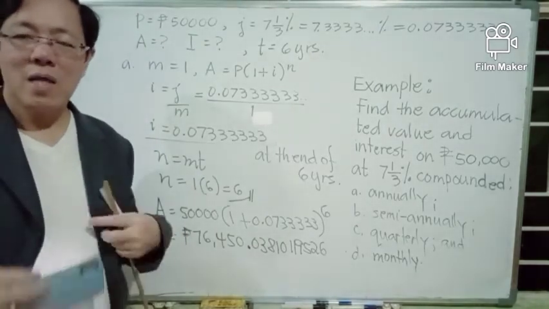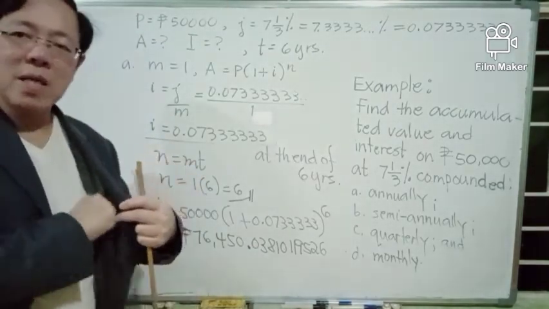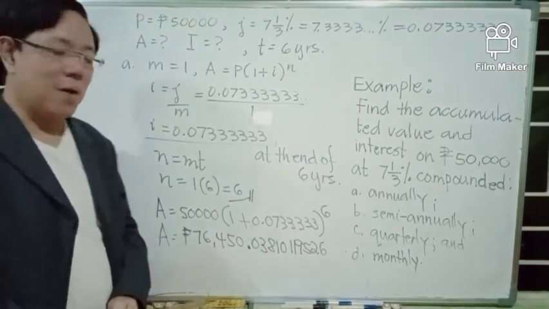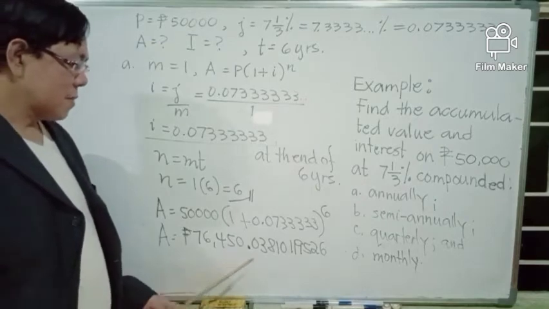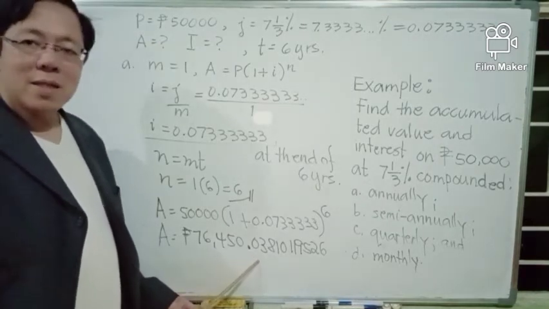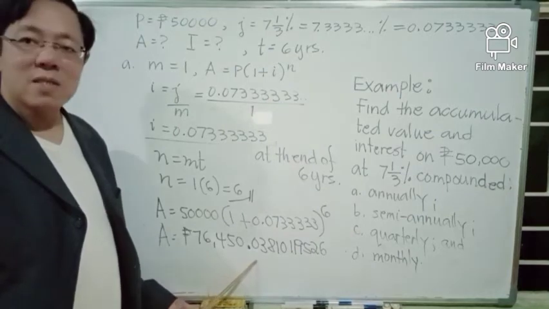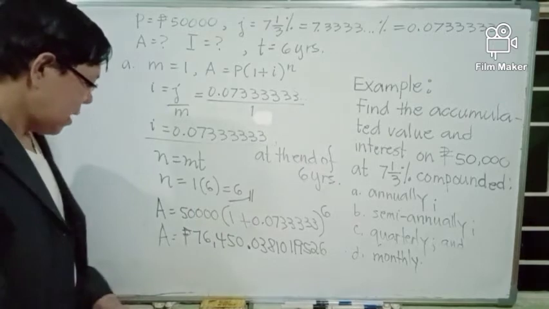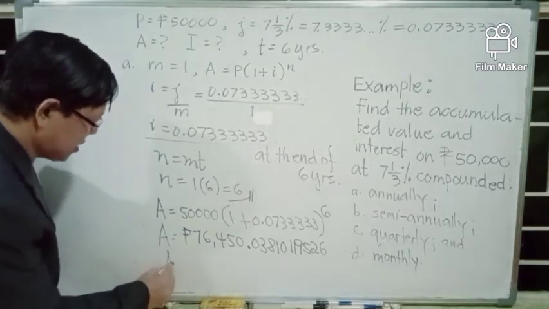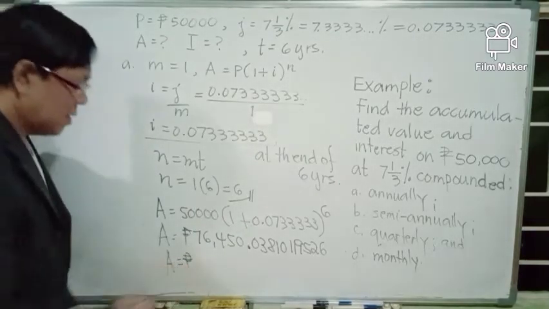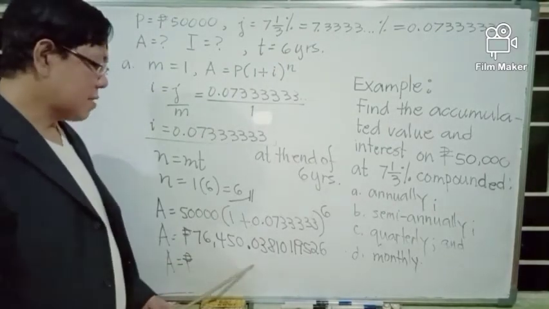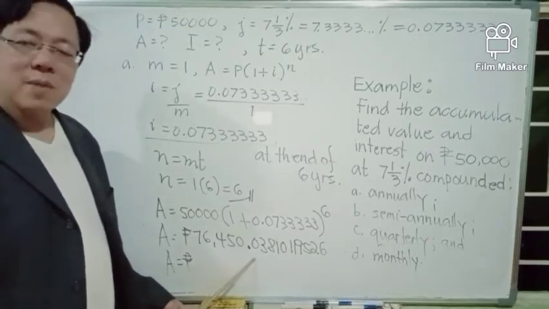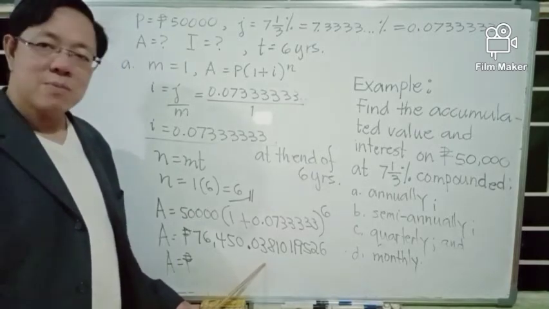Now we round off our answer to 2 decimal places, and the digit to be rounded off is the 3rd digit from the decimal point. You may actually round off your answer from your calculator. You do not have to write all these decimal numbers. And just round off your answer to 2 decimal places. But I wrote all the decimal numbers so I can tell you how to round off this decimal number to 2 decimal places.